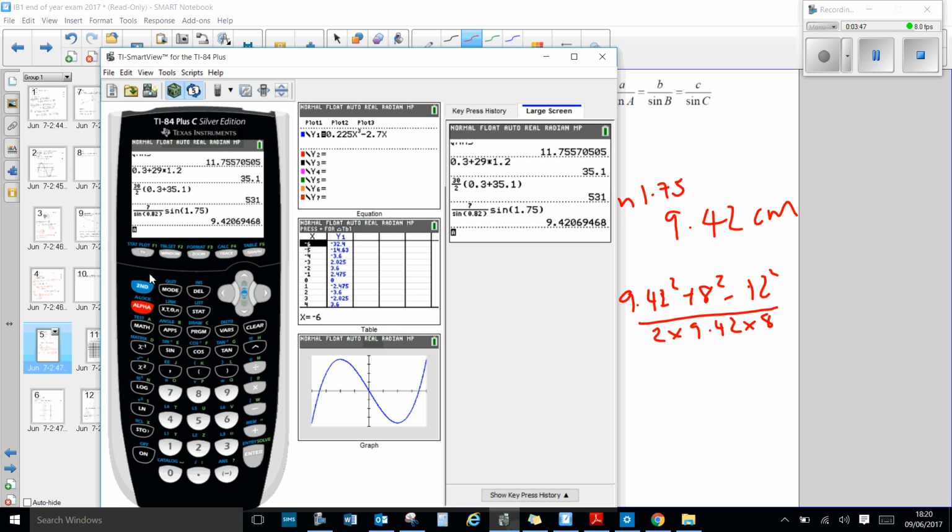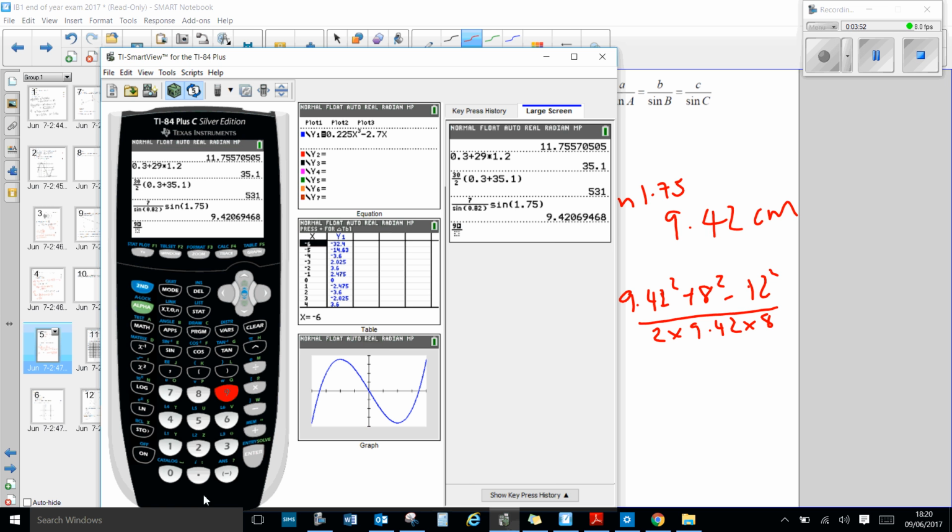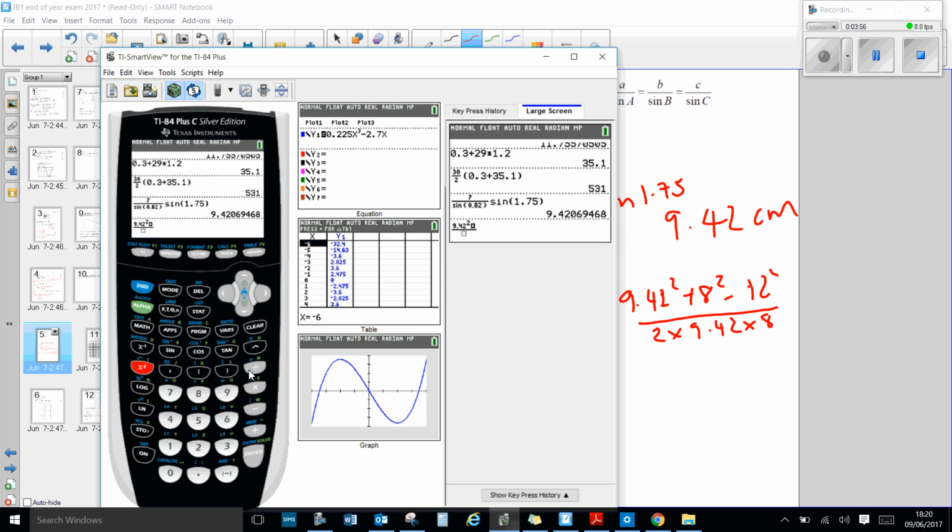So cos theta equals 9.42 squared plus 8 squared, subtract 12 squared, over 2 multiplied by 9.42 multiplied by 8.